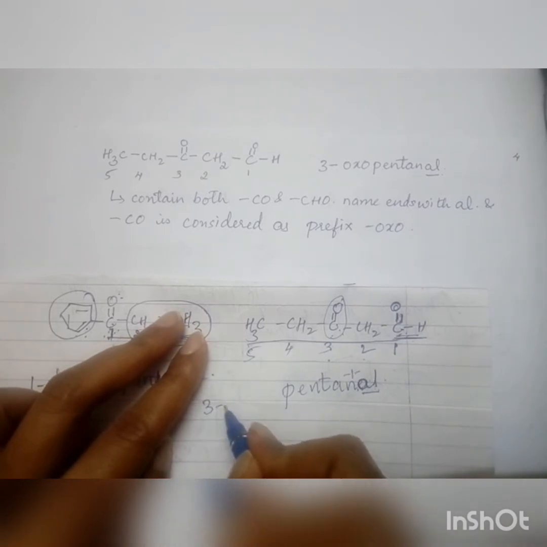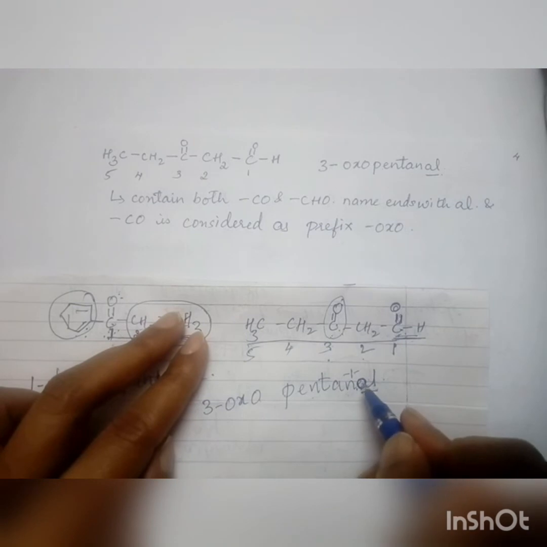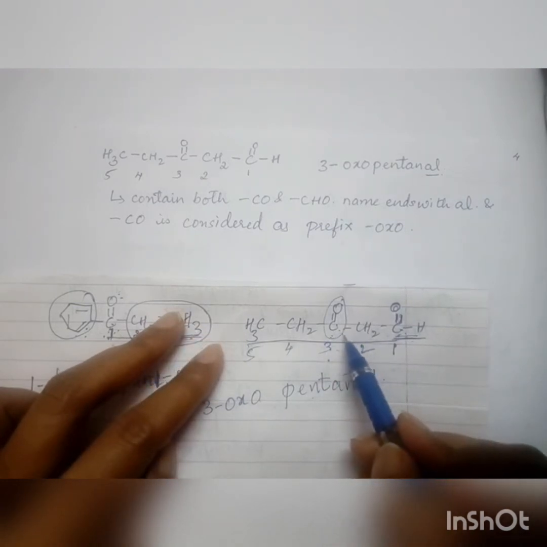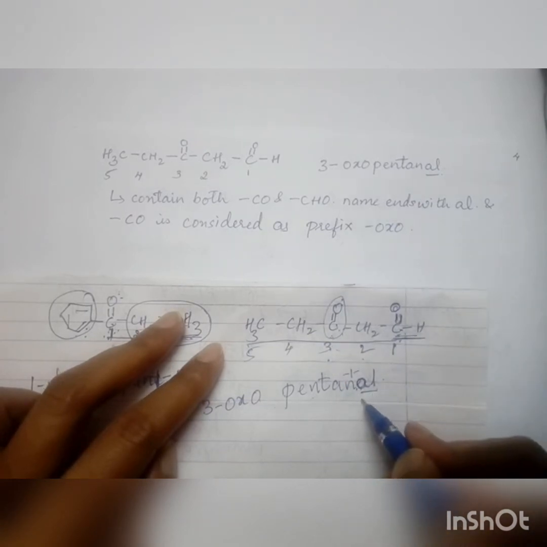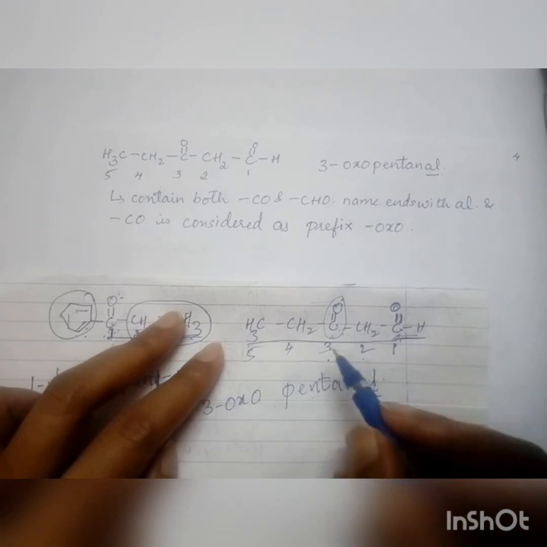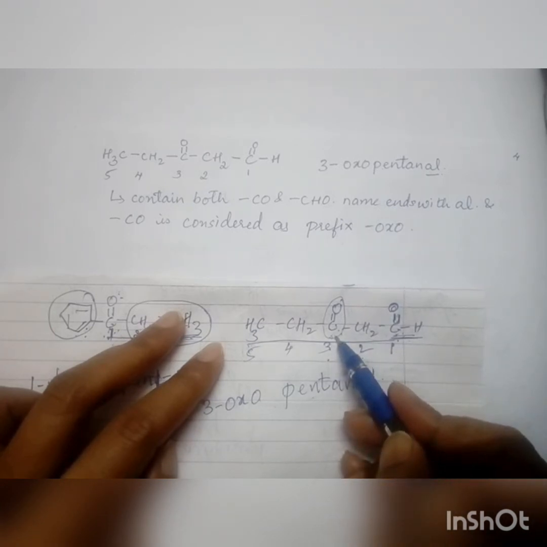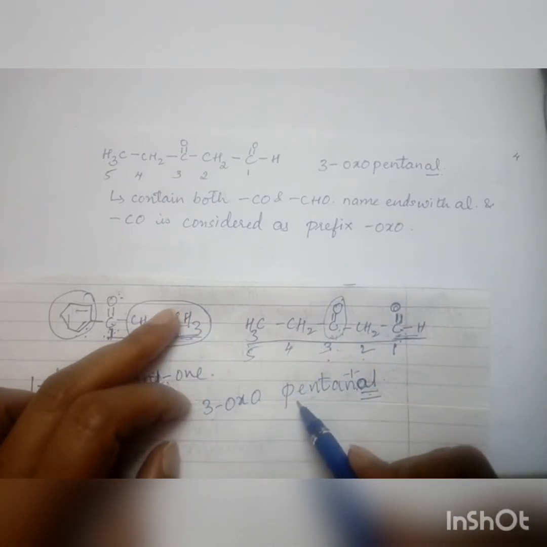So we write it as 3-oxopentan-1-al. So remember, whenever there is the presence of two functional groups, that is aldehyde and ketone, the word should end with the aldehydic group, that is Al. In that case, ketone will become what? Prefix. It will become a substituent. So on the third carbon atom we have the oxo.